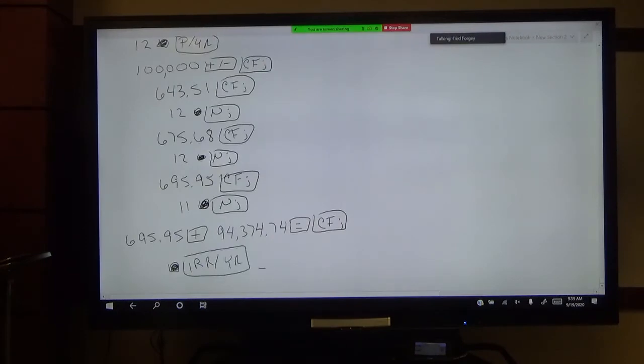Nope. Okay, there's the setup. So let me put it in. Because I'm thinking we have a 15-year term. No, keep in mind we're paying it off after 3 years. Gotcha. And you have to change it to the one payment per year, right? Nope.